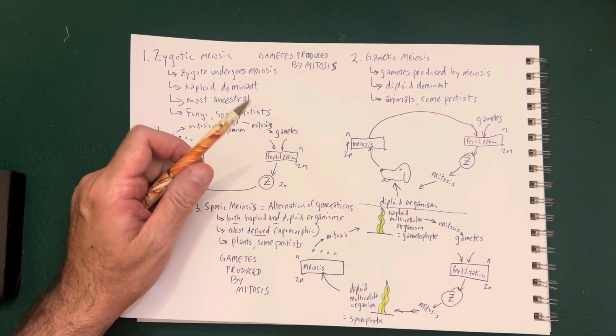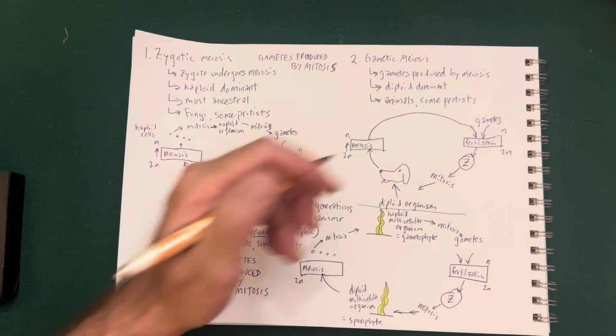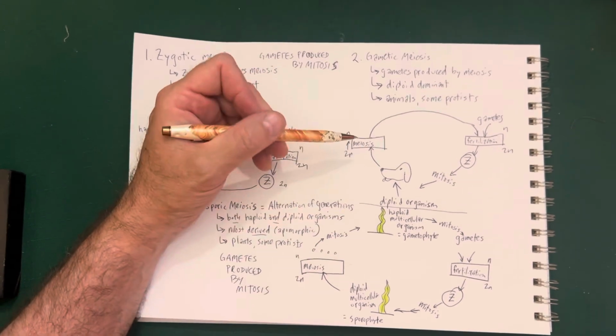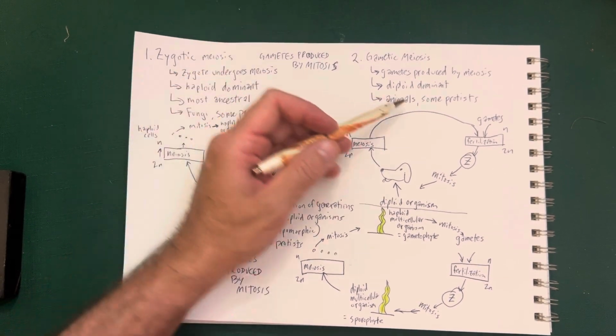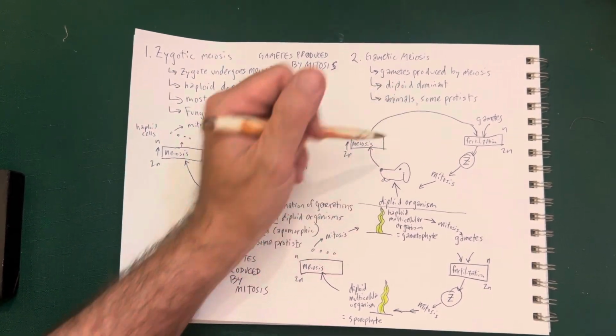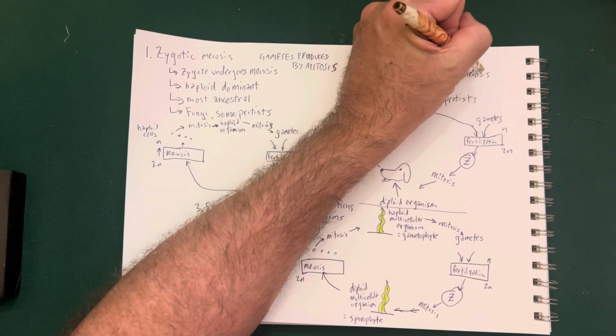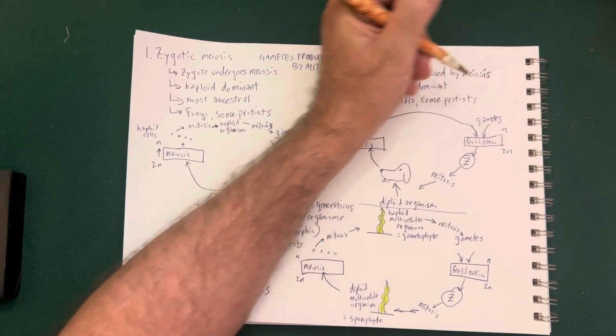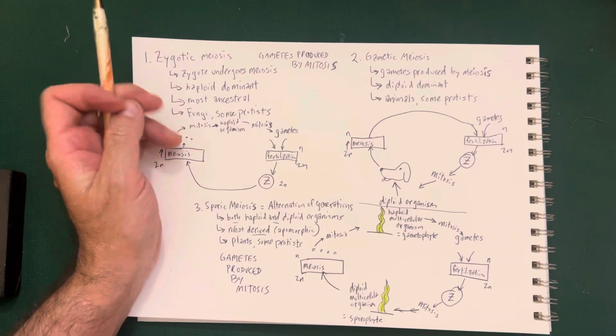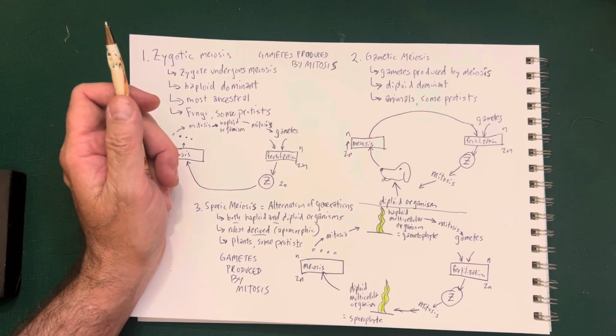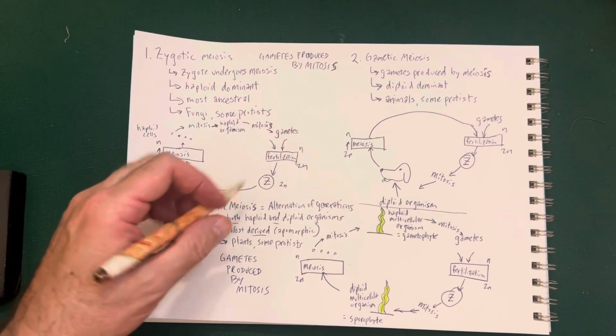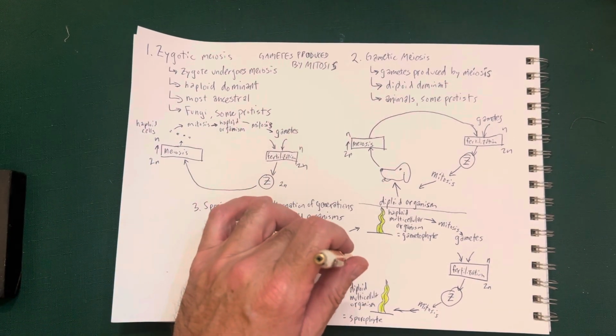Two of the three types of sexual life cycles have gametes being produced by mitosis. And you're like, ugh, that sounds so weird. Because that's not what we do. That's not what animals do. We produce our gametes by meiosis, but it turns out that that's kind of the weird way to do things compared to other eukaryotes. Okay, so we're going to see a lot of this in the plants.